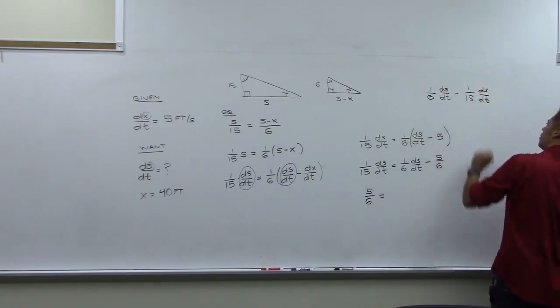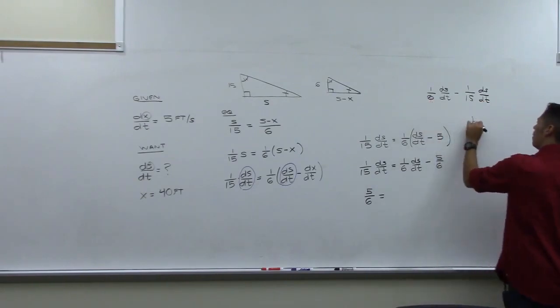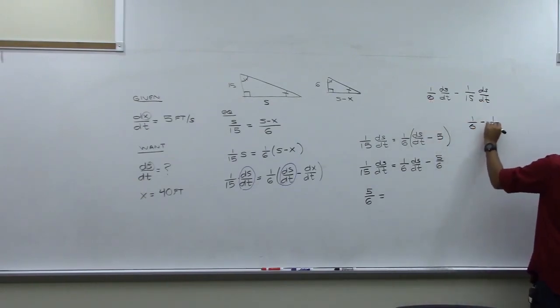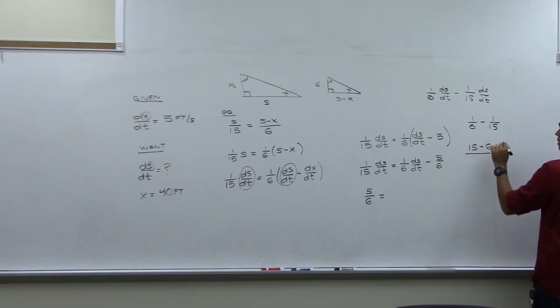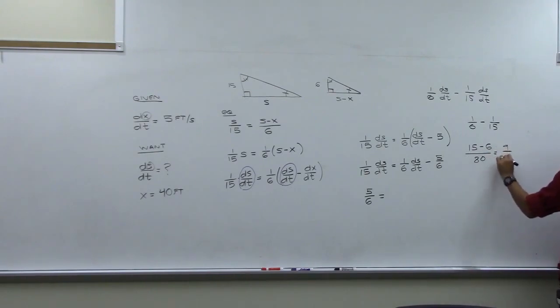So you have to do some fraction stuff here. What's 1/6 minus 1/15? So it's 15 minus 6 over 60, 80. So 9 over 80. 3 doesn't go in there.